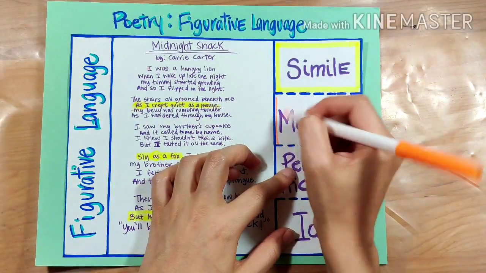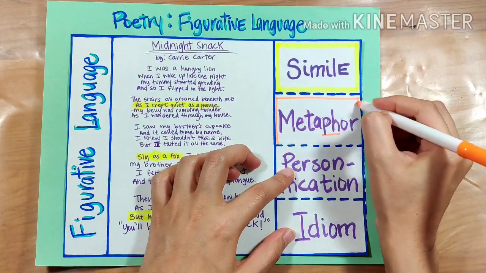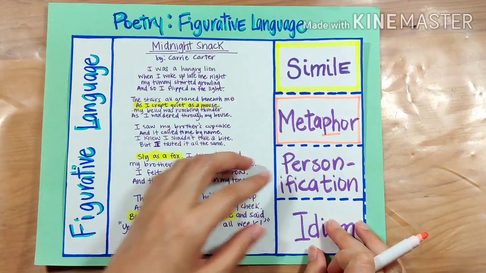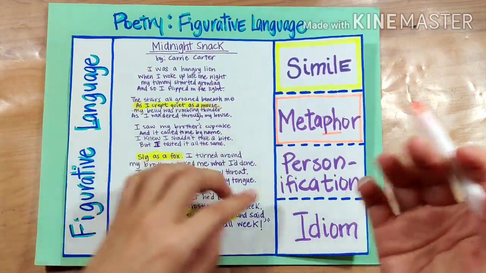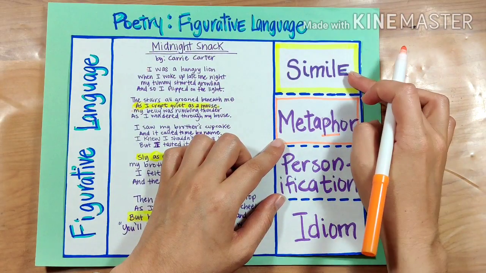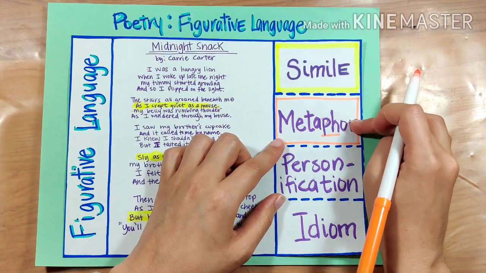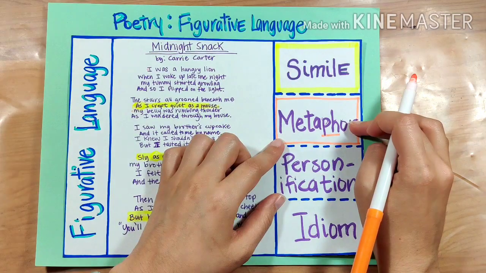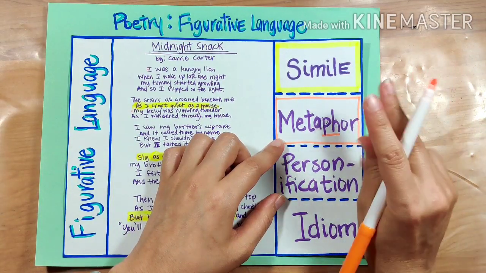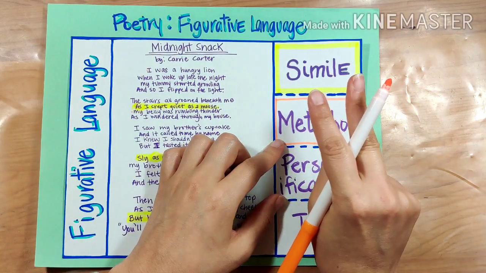And for this one here, we're going to use our orange marker so that we can color code what this might be, okay? And instead of saying like or as something else, like we do in a simile, you're not doing that with a metaphor. You are just saying it is when it's really not. You are saying two different things are the same thing.